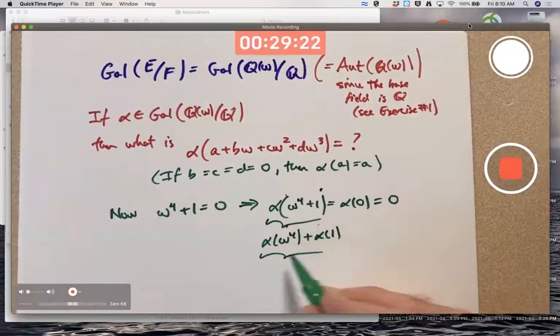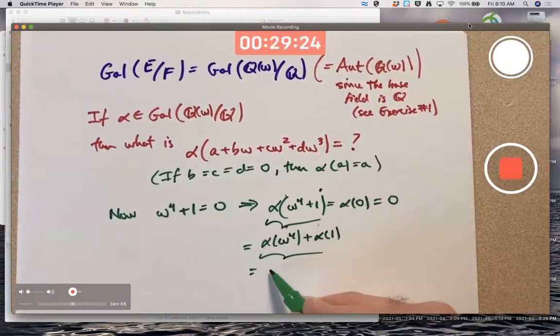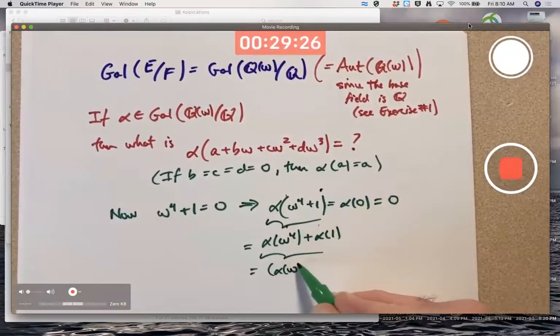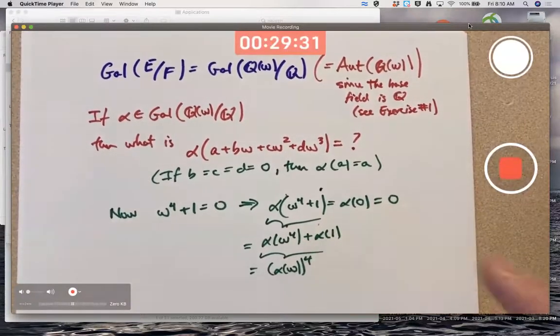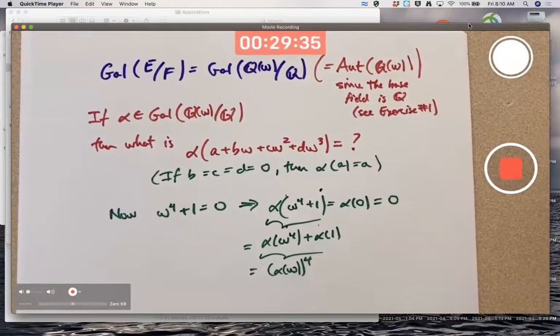And that's going to equal alpha of omega to the fourth, right? Because omega to the fourth is omega times omega times omega times omega. Alpha preserves multiplication. That would be alpha of omega times alpha of omega times alpha of omega times alpha of omega.